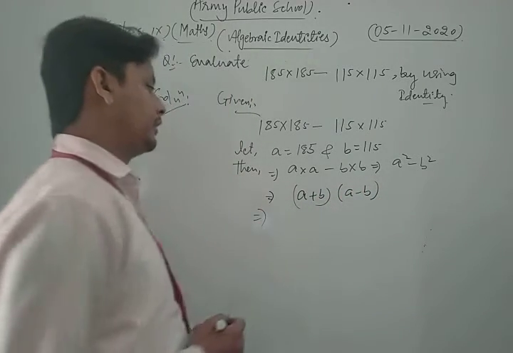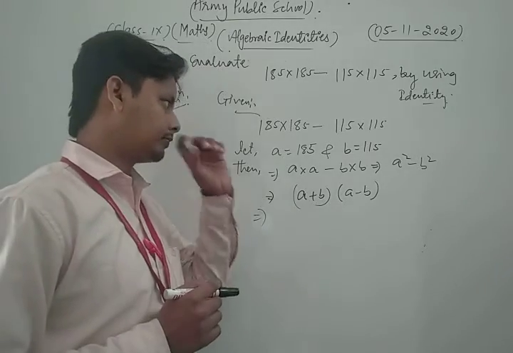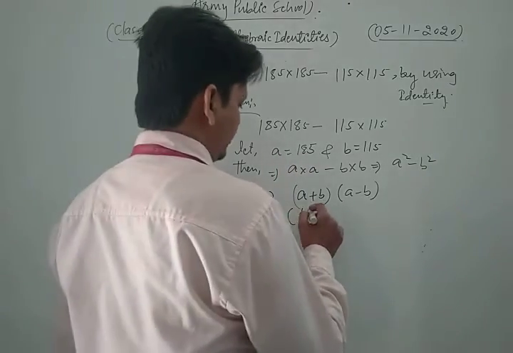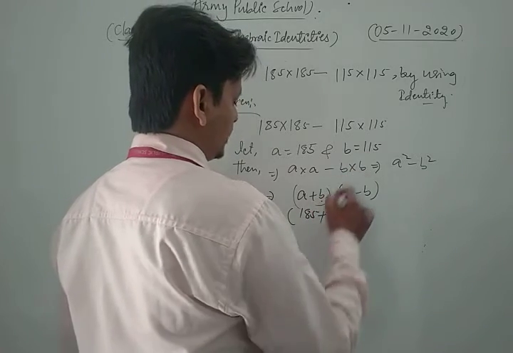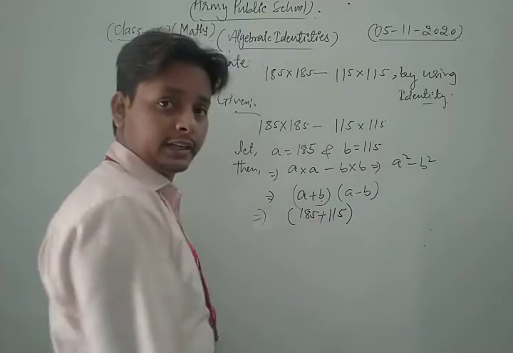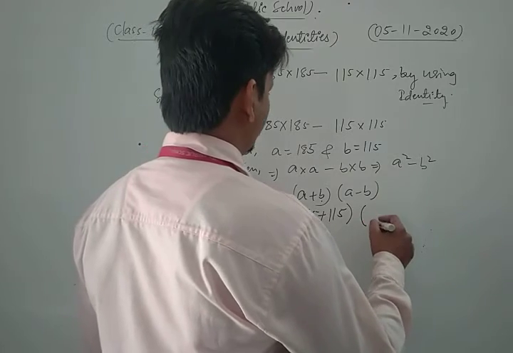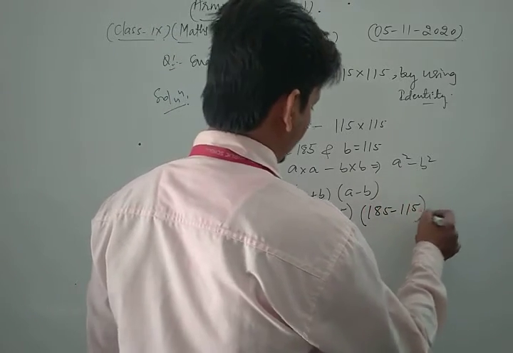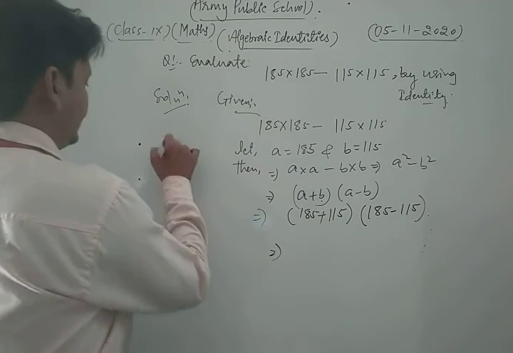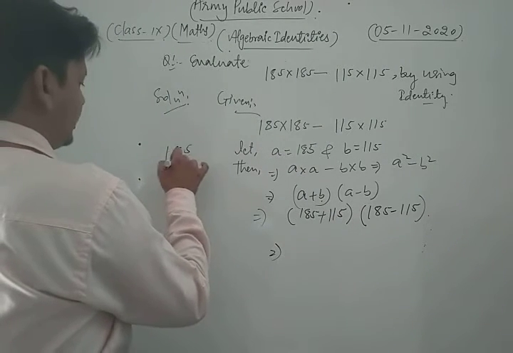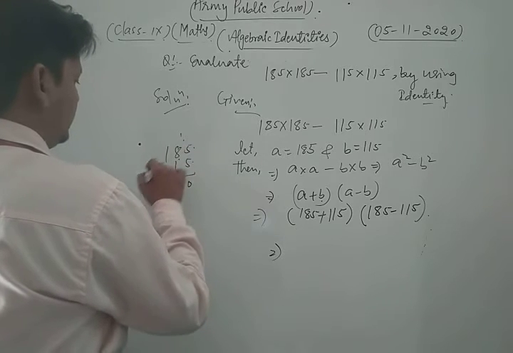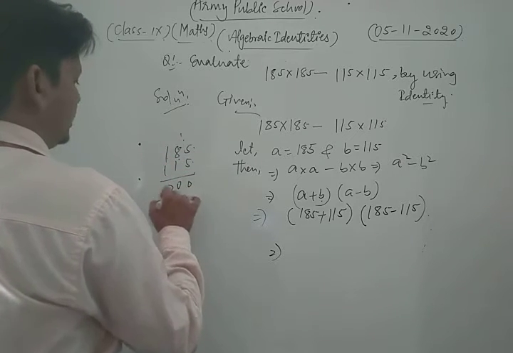Now look, we put the value of a and b. The value of a is 185 plus the value of b is 115. Okay, dear friends, and a minus b means 185 minus 115. Now look, first we are adding them, 185 and 115. 5 and 5 is 10, 0 carry 1, so 300.